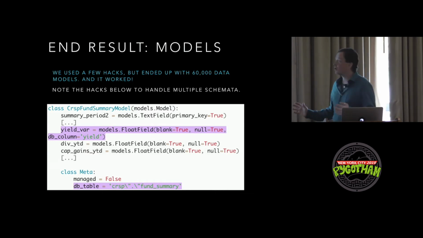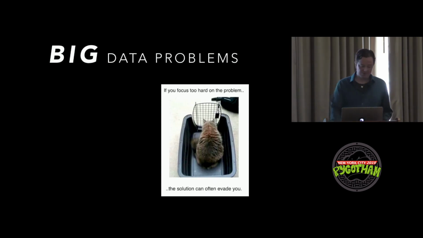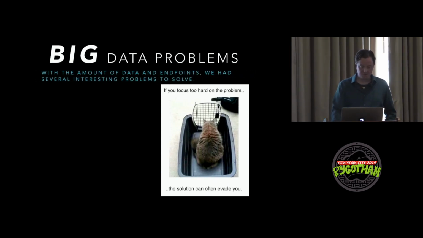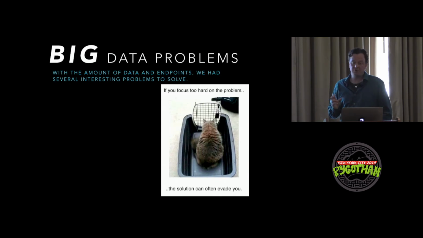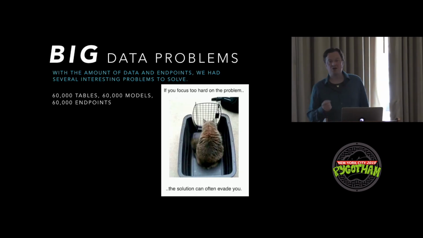So this actually worked. We now had 60,000 endpoints. We had permissions in place, and things were pretty wonderful. We were feeling pretty good about ourselves until we ran into some big data problems. And with the amount of data and endpoints, we had quite a few interesting problems to solve. So it turns out when you have 60,000 models being imported and checked in Django, that causes really long system checks to occur.